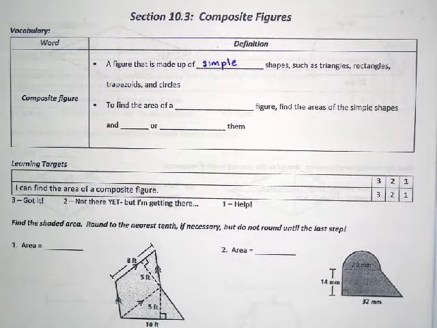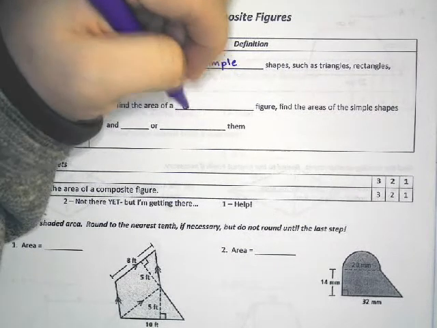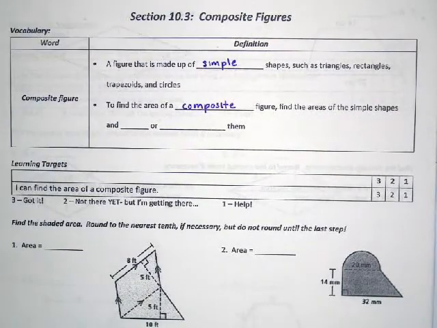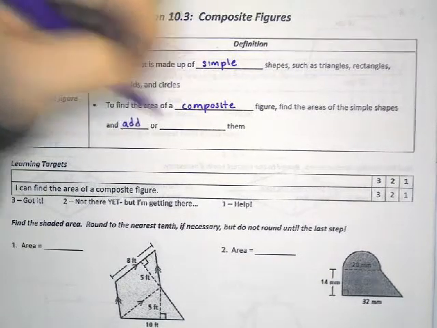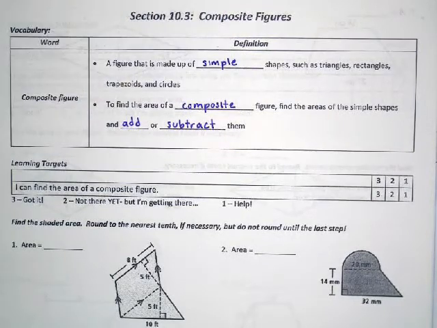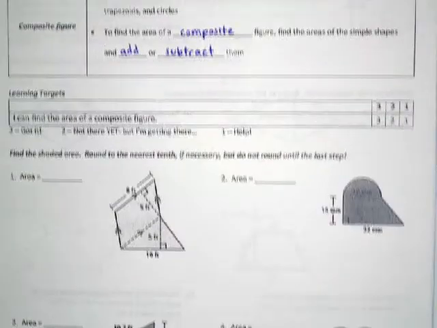Now, to find the area of a composite figure, you just need to find the areas of the simple shapes and then either add them or subtract them depending on what's called for in the picture, okay? So we're going to do several examples of adding first, and then we'll move to some examples of subtracting. Cool? Here we go. Let's start with number 1.